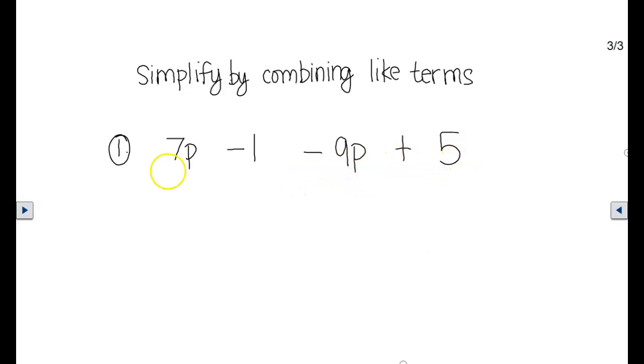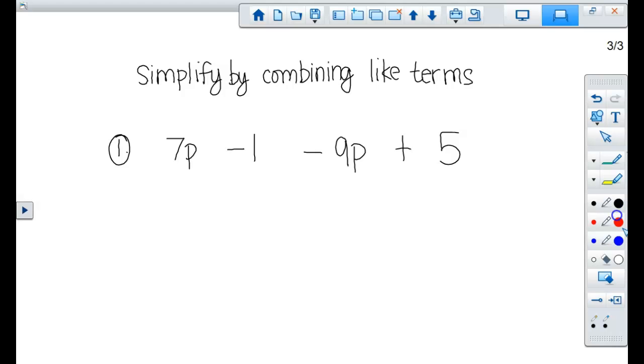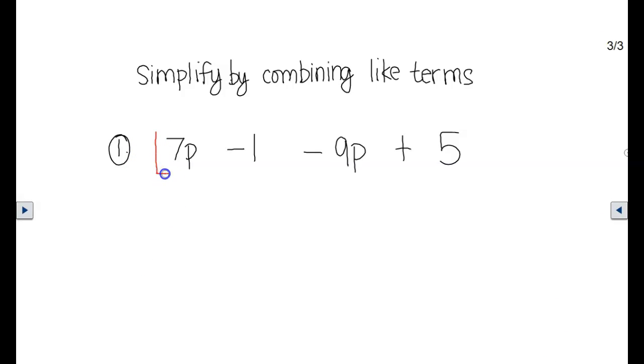So this problem has 1, 2, 3, 4 terms. I'm going to simplify it by combining the terms that are alike. So I'm going to always start at the front of my problem. My first term is 7p. I'm going to put 7p inside of a red box. He has a coefficient of 7, and he has a last name of p.